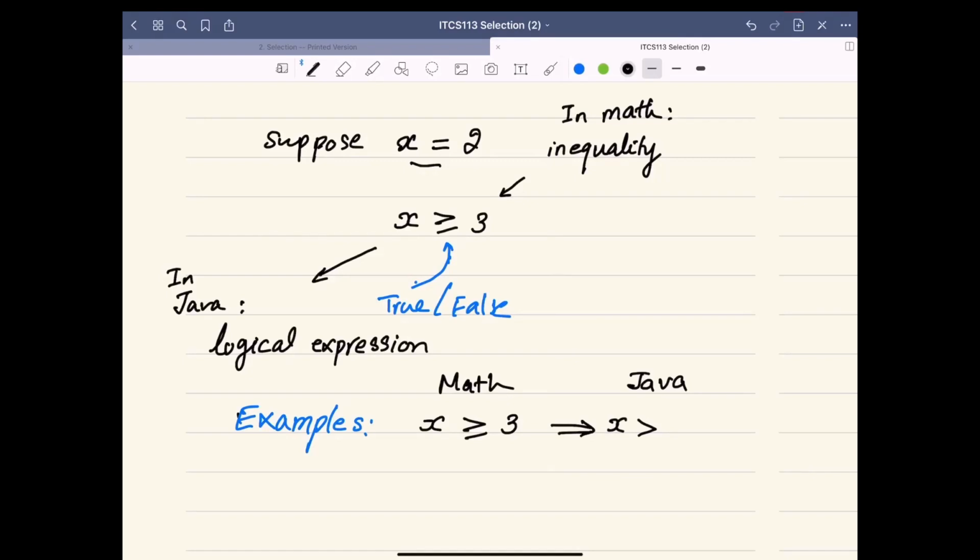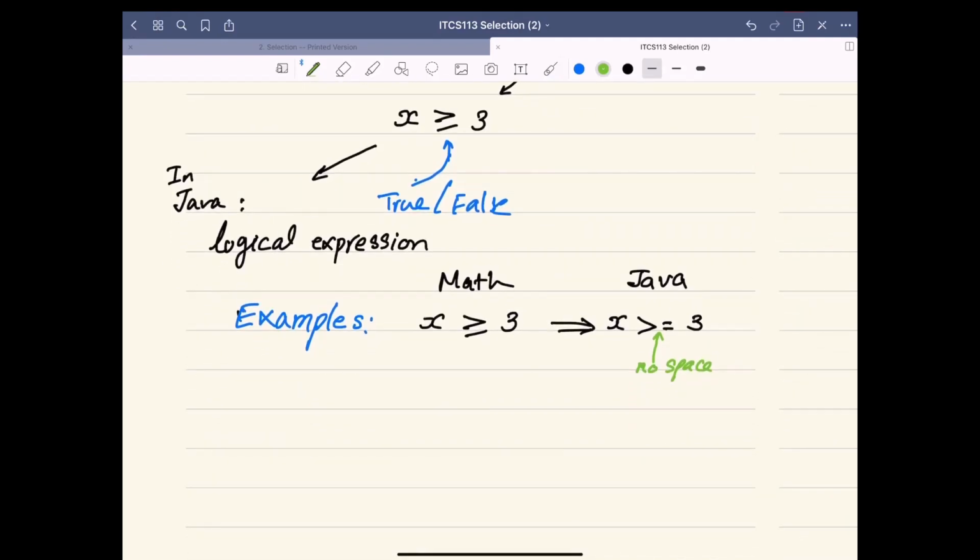So in this case we have to use two characters. One is greater than, and the other is equal, put in front of it, and then you write 3. No space here. You should not leave a space between these two characters, otherwise you will have a syntax error.